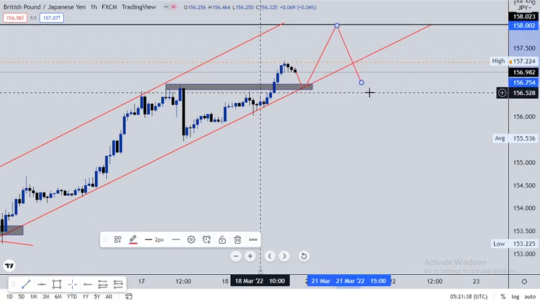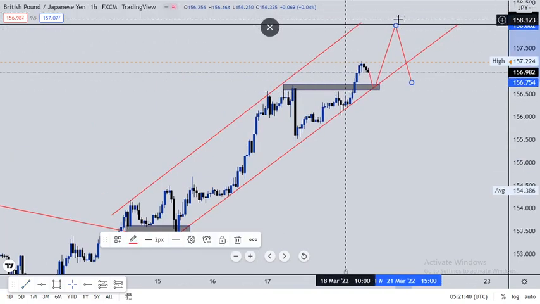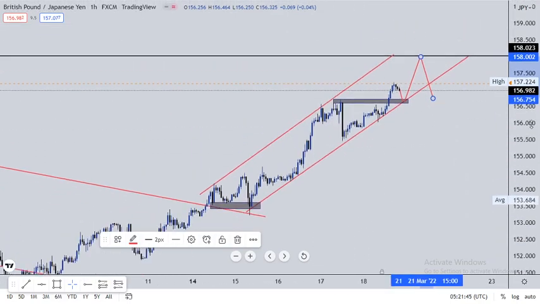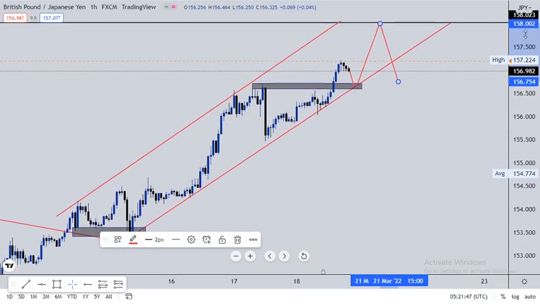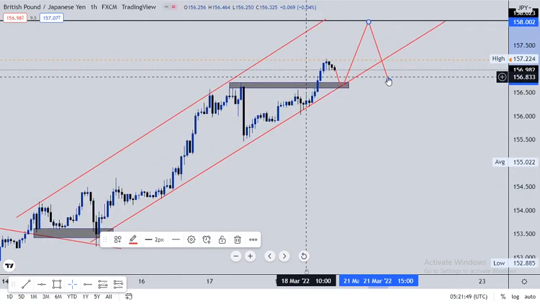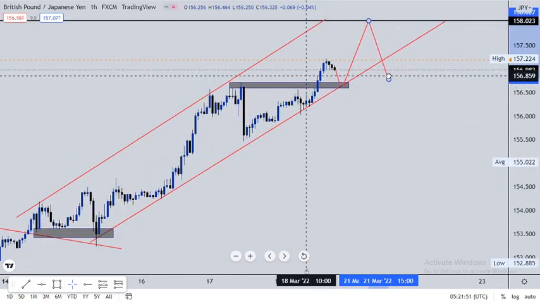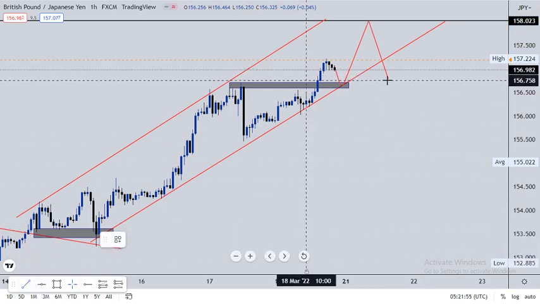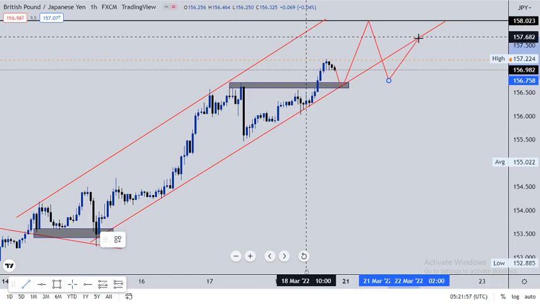I'm not too sure if the market can really break this zone and start going up, but who knows? We follow the market, we follow the trend. So if the market can break this zone, I wait for a good retest on this zone.